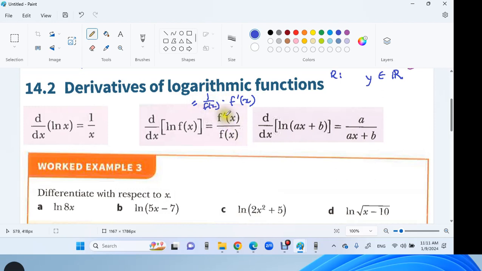Then we simplify, it will become f prime x over f(x). Okay, we have ln of ax plus b, then we have 1 over ax plus b multiplied with a. But if we want to make it short, then we will just write the denominator part will be the f(x), and the above here we will write the f prime x.